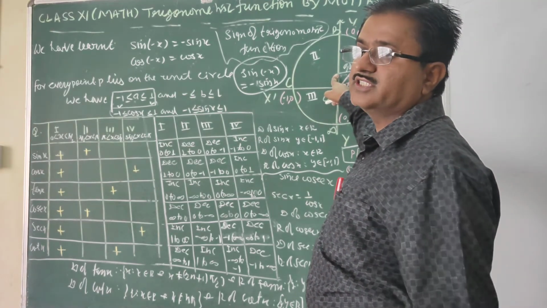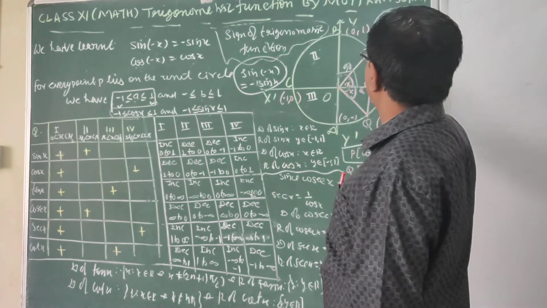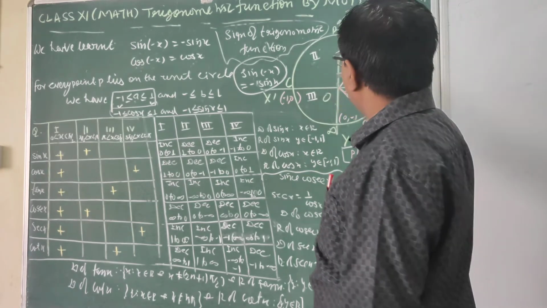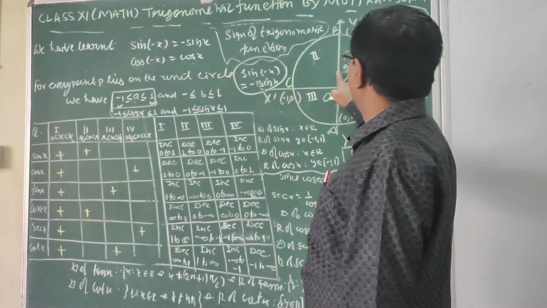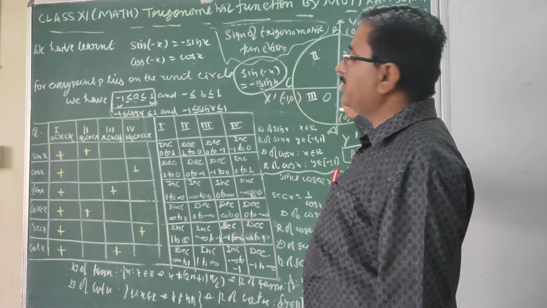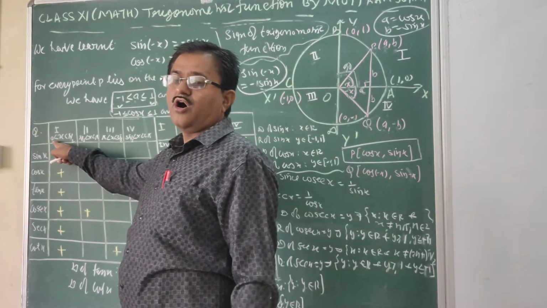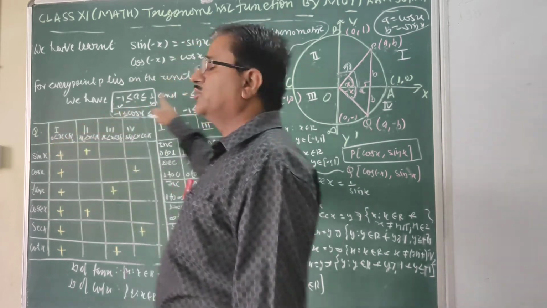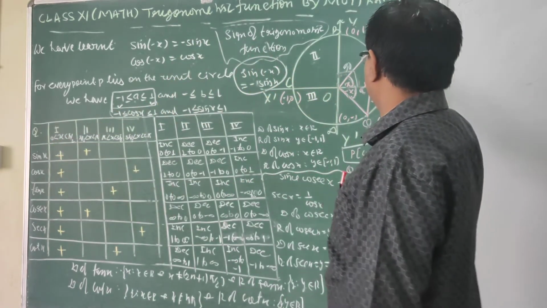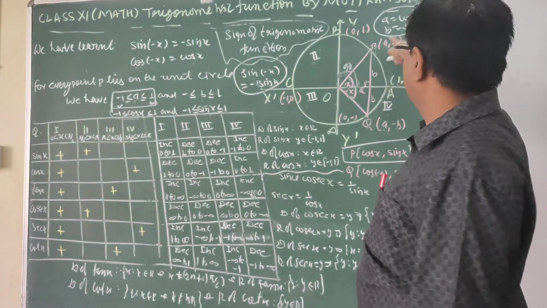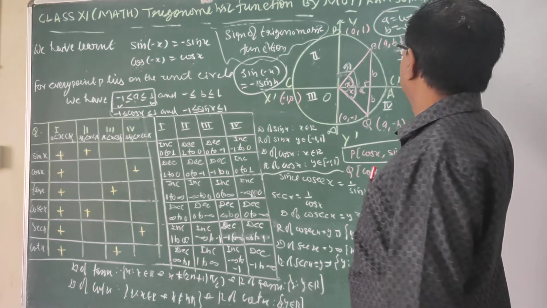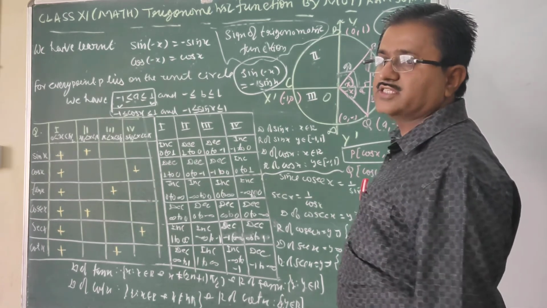So on the corresponding side, here you can see A is positive, B is positive. So for any theta which is less than 90 and greater than 0, all will be positive. Why all positive? Because A is positive, B is positive. So A positive means cos x is positive, B positive means sin x is positive.